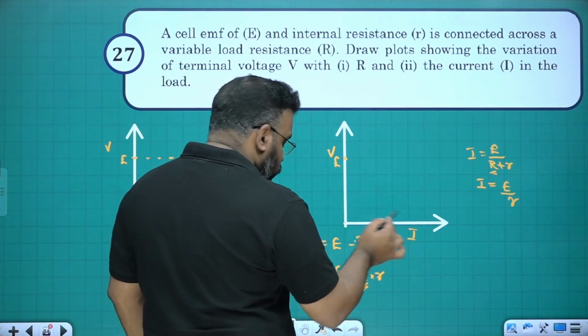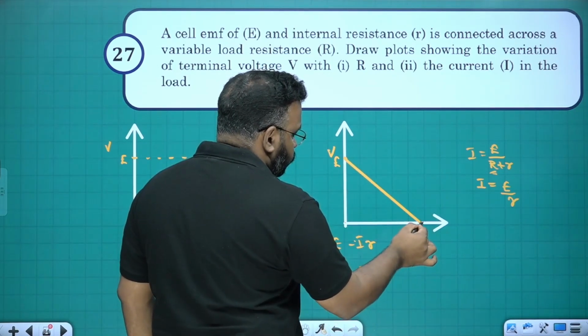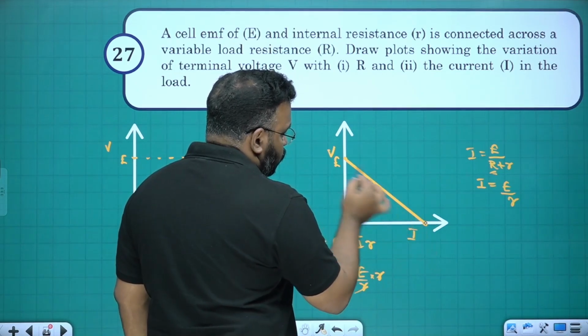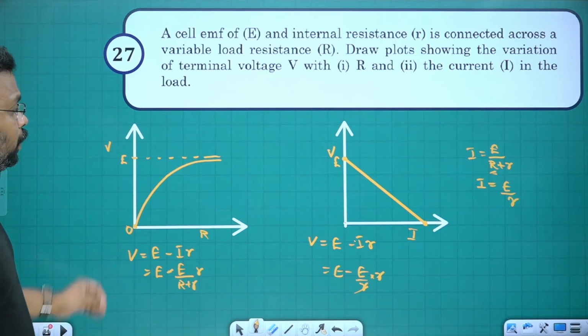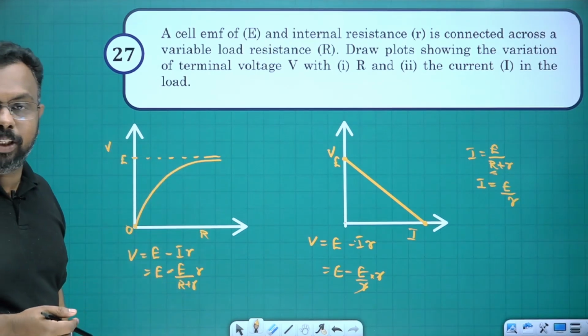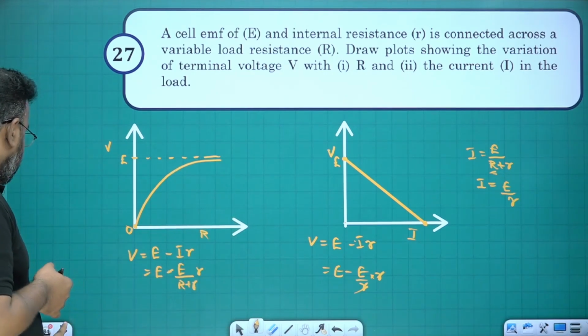That means it should touch the x-axis. So the shape of the graph will be like this. Here V is equal to 0, here I equal to 0. Two very important graphs from the chapter, current electricity. Very, very important. I think it is clear. Please practice it. Important questions.